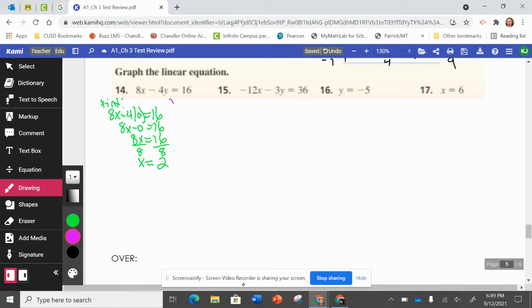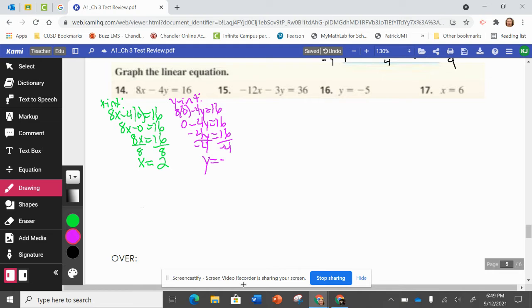The y-intercept: plug 0 in for x, so 8 times 0 minus 4y is equal to 16. 8 times 0 is 0. Minus 4y from 0 is still negative 4y. And then the opposite of negative 4 times y is dividing by negative 4 on both sides.